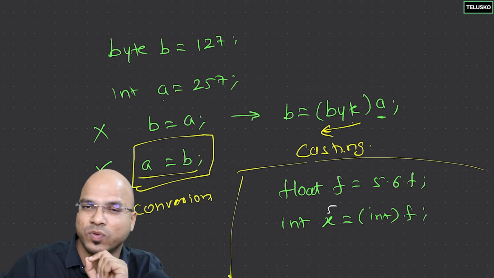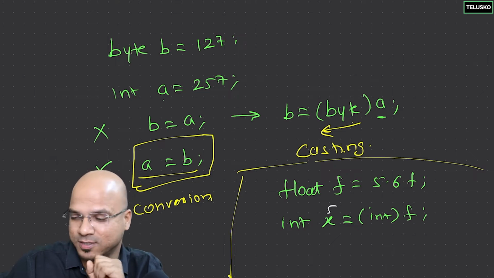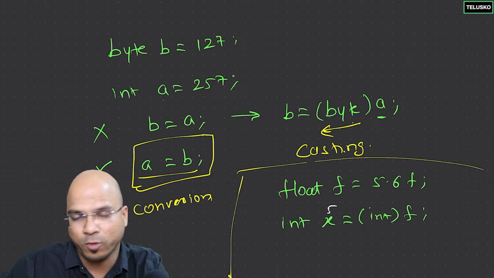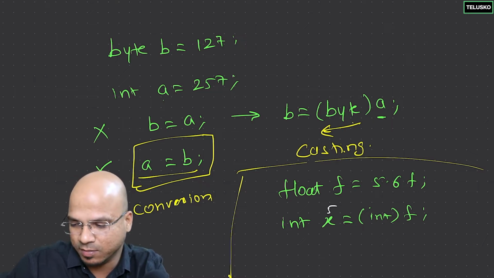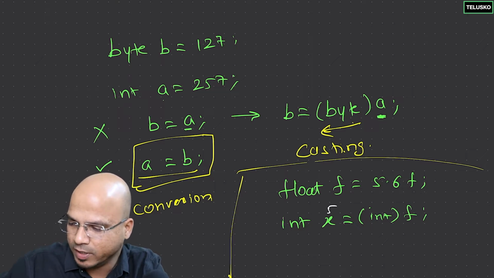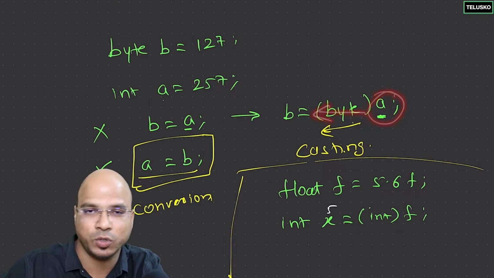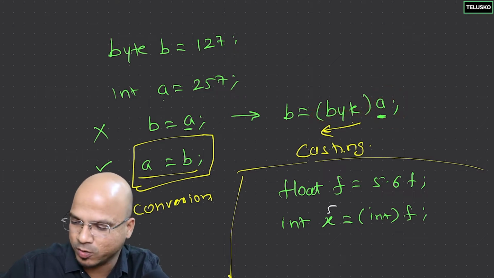In this case, it will use the concept of modulus, or the modulo operator. What modulo will do is divide this number. So when you're trying to assign an integer value to a byte, it will convert that using modulo.